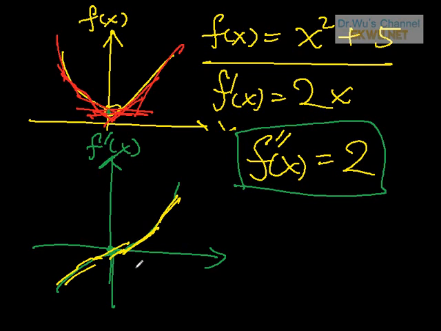So even though the velocity could be negative in here, the slope of it, the tangent line of it, is positive at every single point. That means it is accelerating.